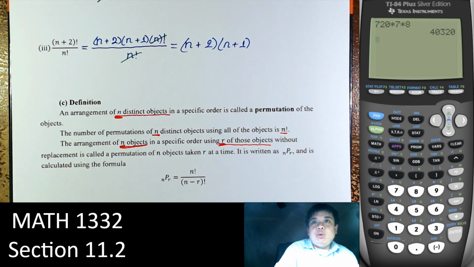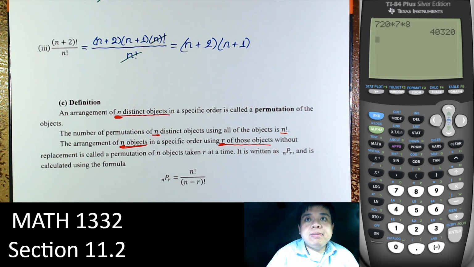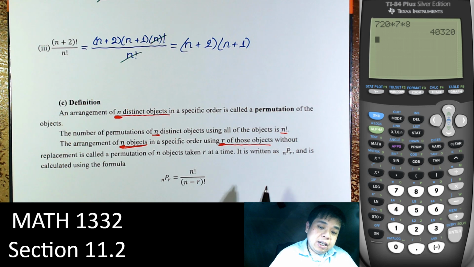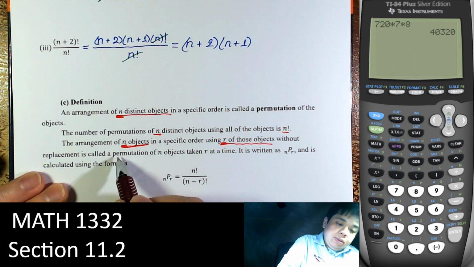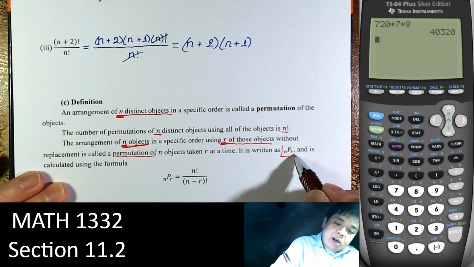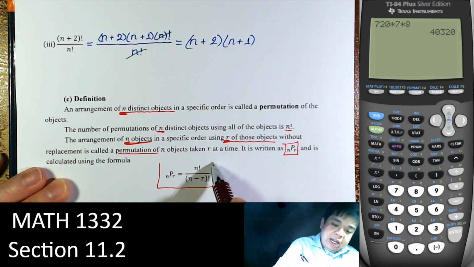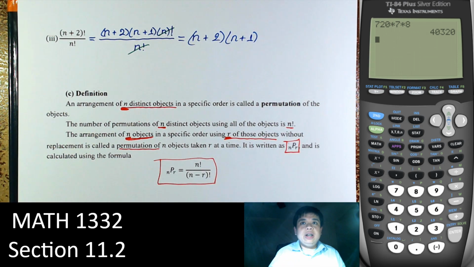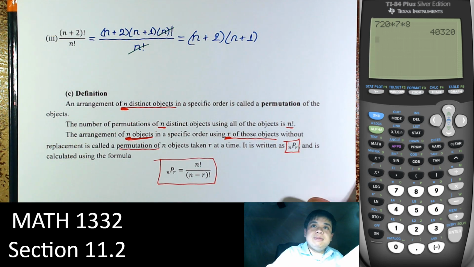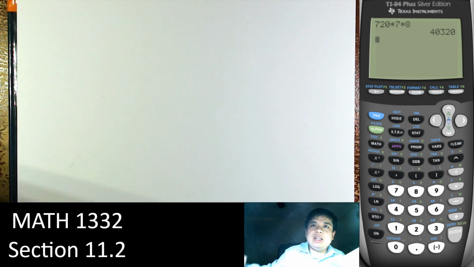Let's say we only pick 3 numbers from those. Each arrangement is called a permutation, and it is written as nPr, and the formula is n factorial over n minus r factorial. The formula here is nice if we use the calculator, but if we work by hand, we probably don't need it. Let's go over some examples first, and we'll see.